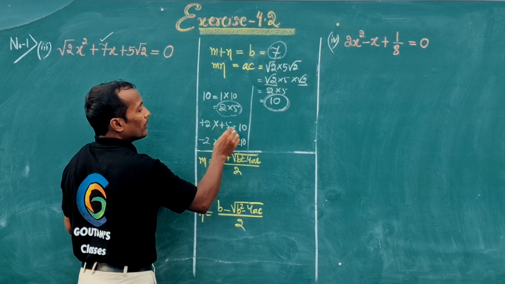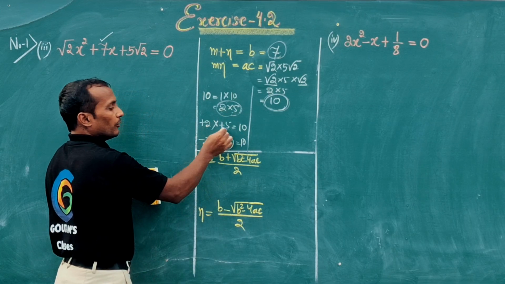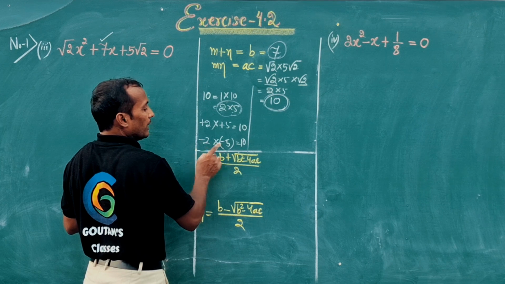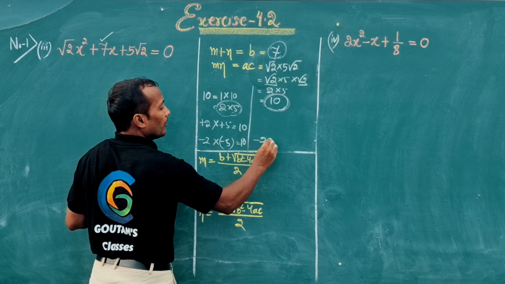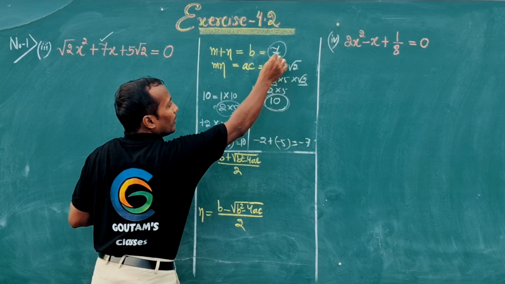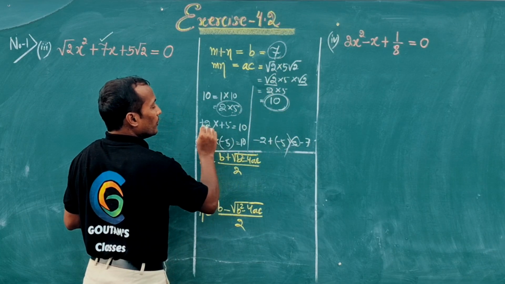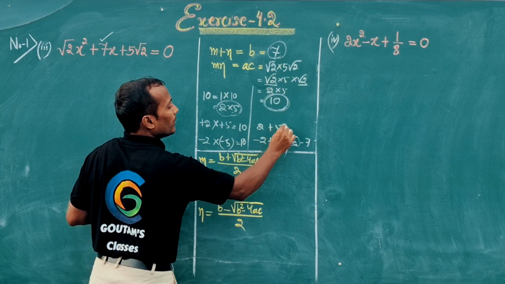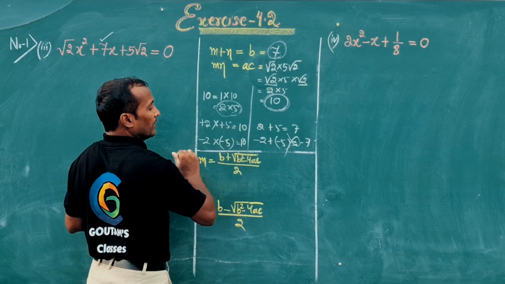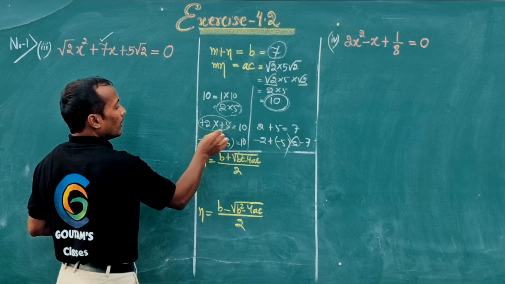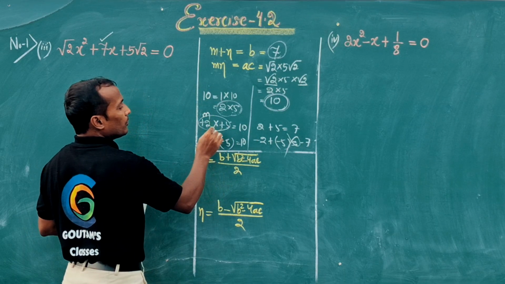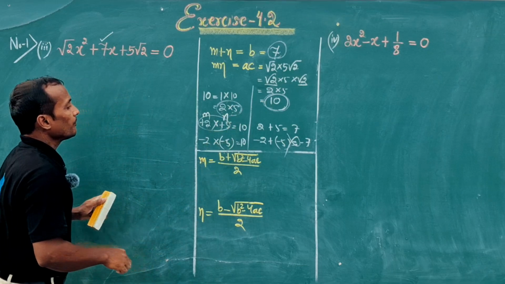If you take both negative, then their sum will be minus 7, minus 2 plus minus 5 will give you minus 7, which is not required. We don't want that. So we will take plus 2 and plus 5. This gives you 7, and plus 2 and plus 5 gives you 10 as well. So selected numbers for m and n are 2 and 5. Let me take m as 2 and n as 5.